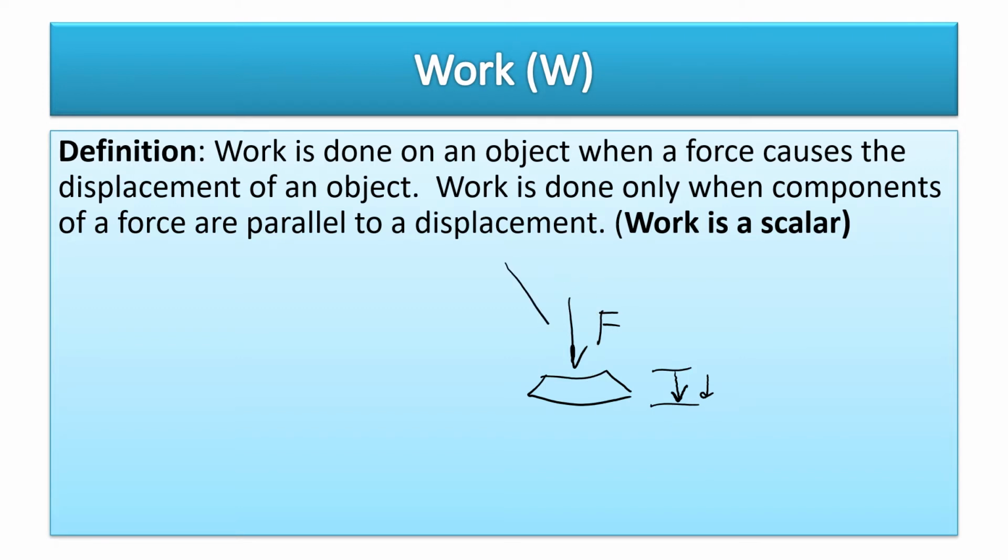Now you could have some weird angle if you were typing from some weird angle, you could exert a force that way, but only the component of the force that acts parallel to the displacement is the thing that's doing work. You're just overexerting yourself if you exert another force this way that's not causing a displacement. You're not doing any work by that force.